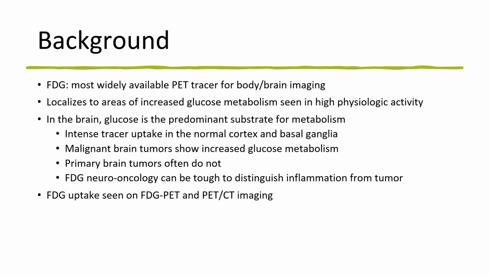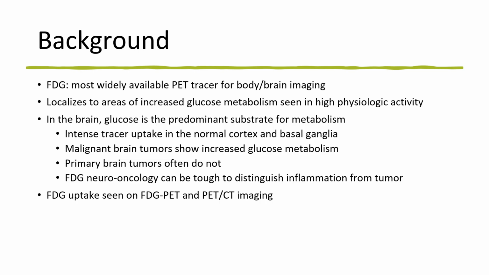It localizes in areas of increased glucose metabolism seen in high physiologic activity. In the brain, glucose is the predominant substrate for metabolism. Intense tracer uptake is seen in the normal cortex and the basal ganglia. We will see gray matter more than white matter.